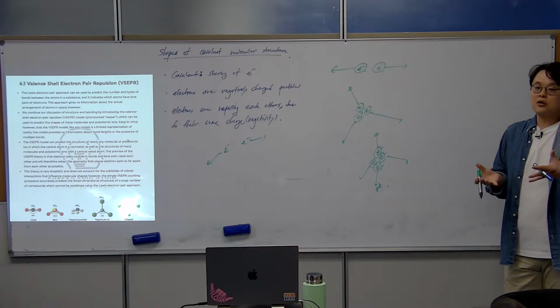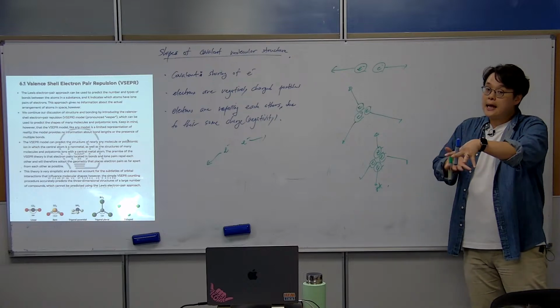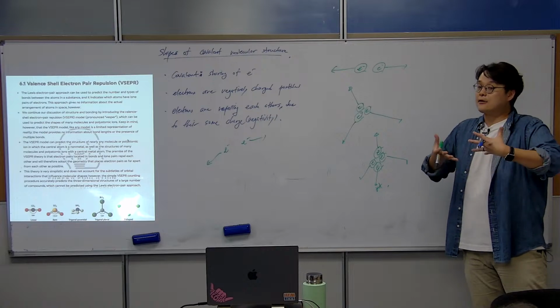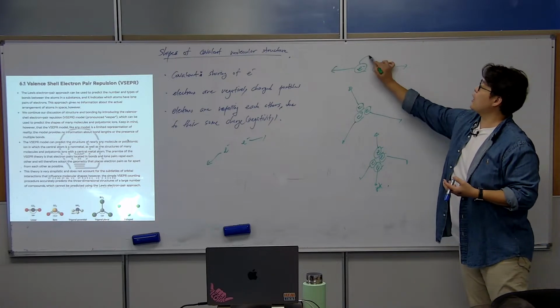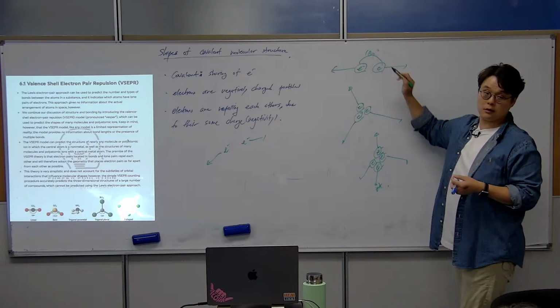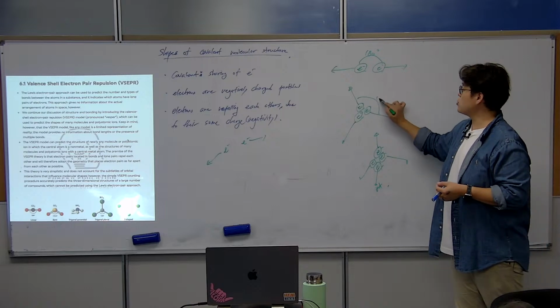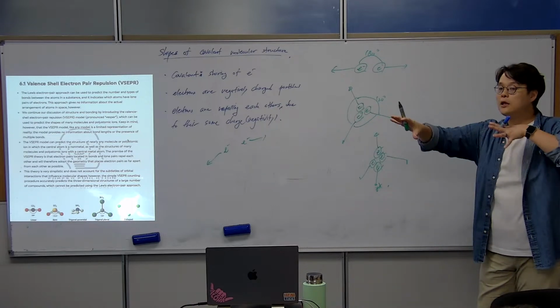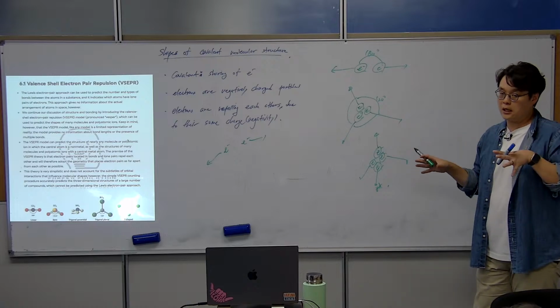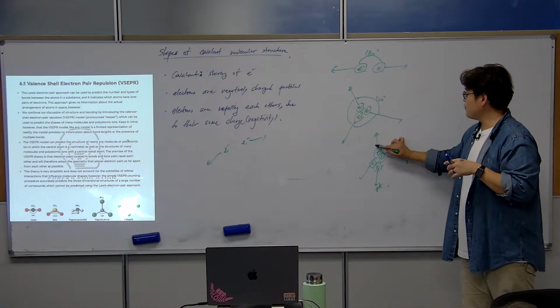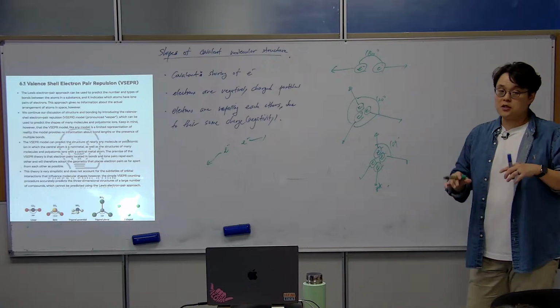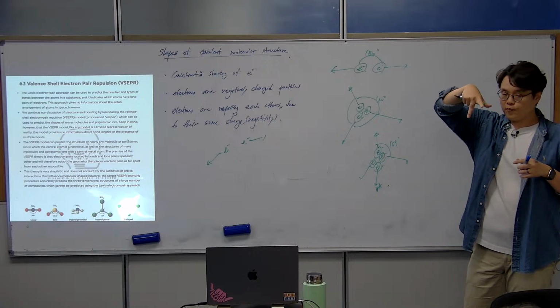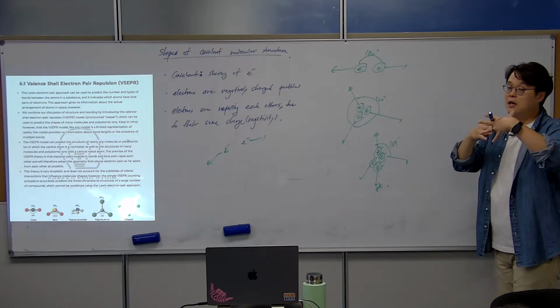So what they try to do is balance it out, like angles. In this case here, the angle between them would be 180. The angle here would be 120 degrees for each of those, because they are equally pushing each other. Third, it will be 109 degrees, because it comes out. We call that a tetrahedral shape, making a 3D shape.